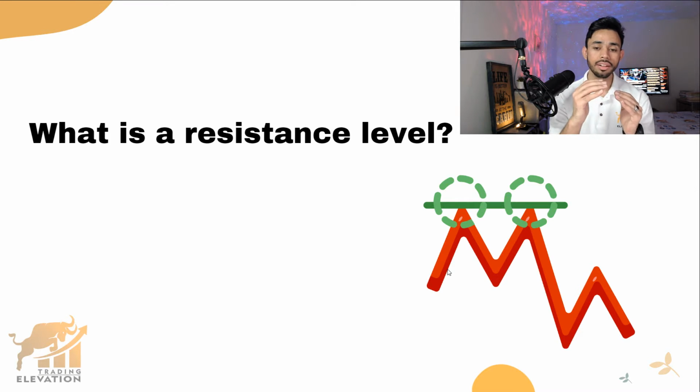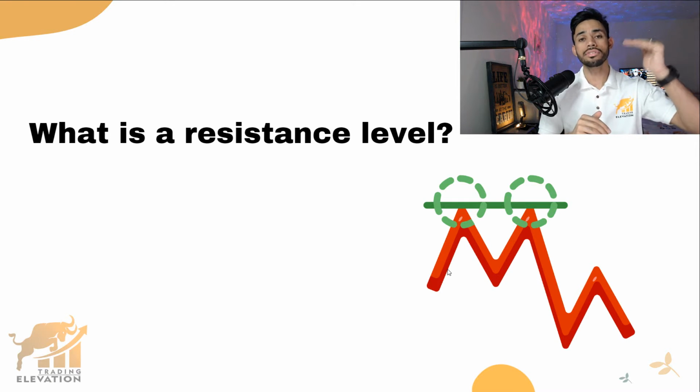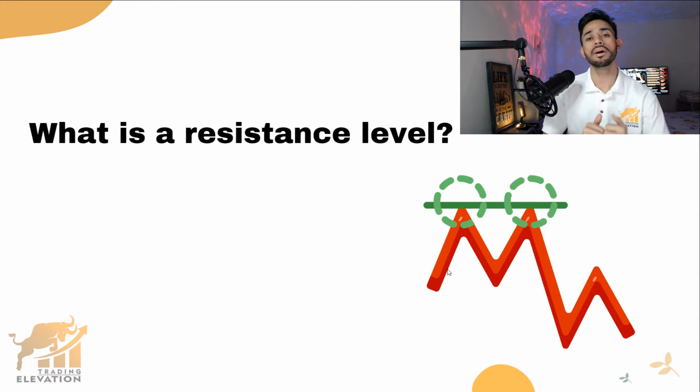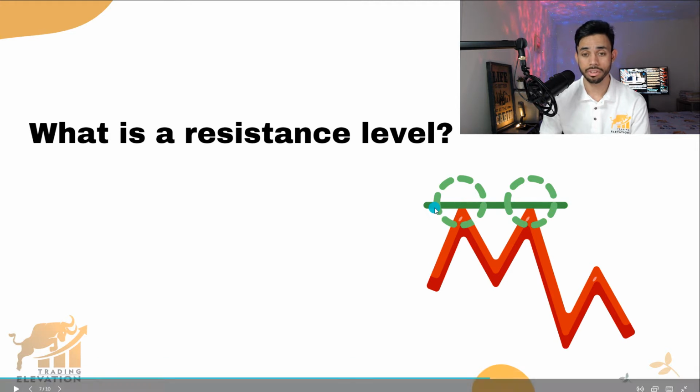It reaches a level where buyers lose their momentum, or lose control over the price increase. And there is a large number of sellers who are pushing the price toward the downside so they could short the market. And those levels are usually called resistance.